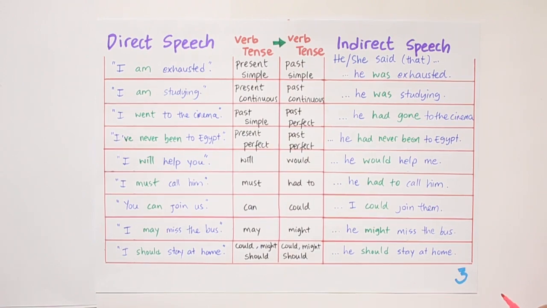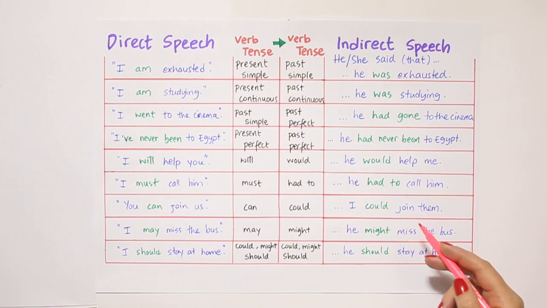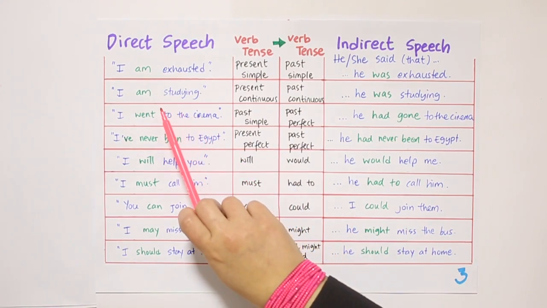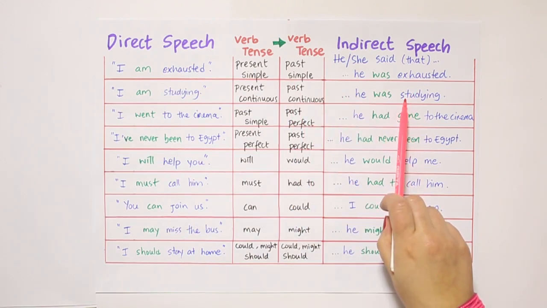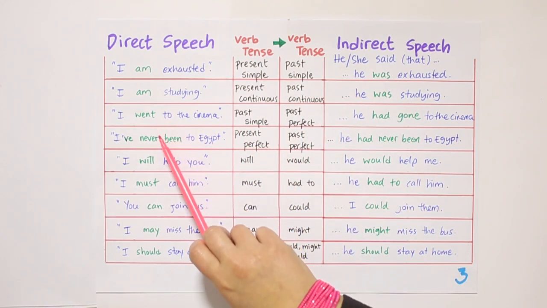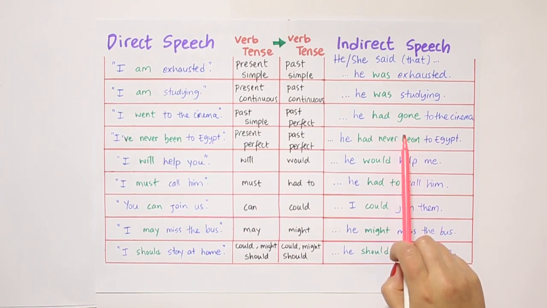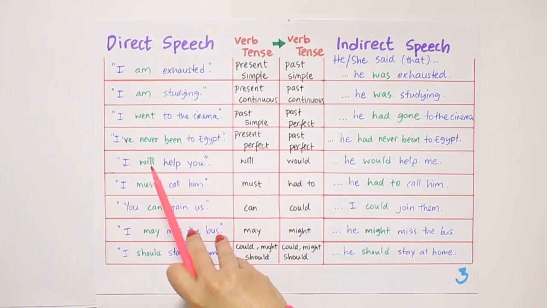This is the important thing. Will becomes would, must becomes had to, or just like have to also becomes had to, can becomes could, may becomes might, should remains the same, just like could and might. Also, present continuous tense becomes past continuous, and past tense and present perfect tense become past perfect. You might remember this.